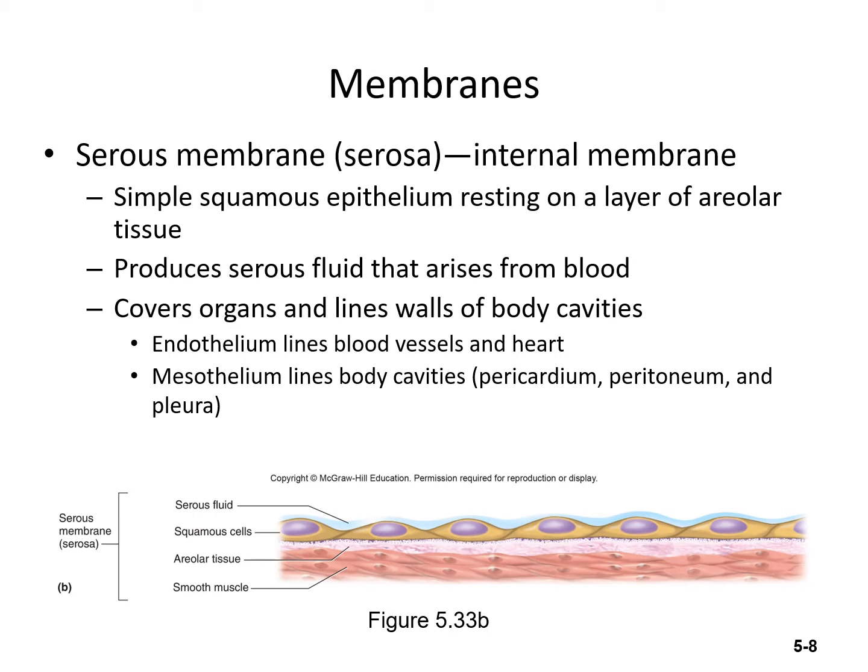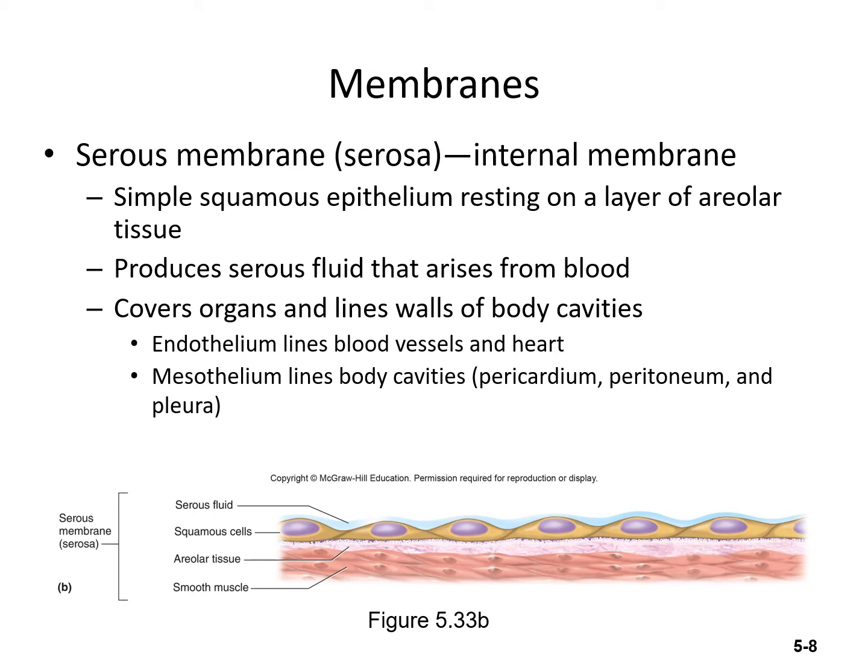But this is going to be in stark contrast to the mucous membranes that are producing that thick mucin that combines with water to form mucus. A serous membrane is going to produce a much more watery fluid. And this is going to be really useful for reducing friction between organs within body cavities, for example. So you'll find serous membranes covering organs and lining the walls of body cavities.